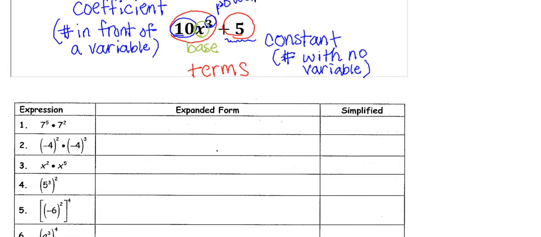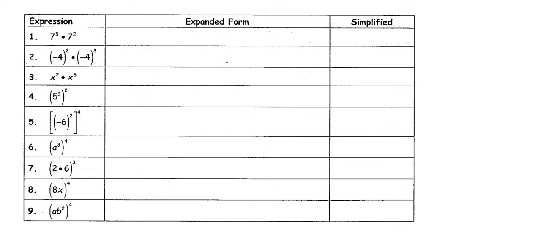All right, moving on to the expanded form of these expressions. So for number 1, we have 7 to the 5th times 7 squared. So what I'm going to do is write this out in expanded form. That means we're multiplying 7 together 5 times.